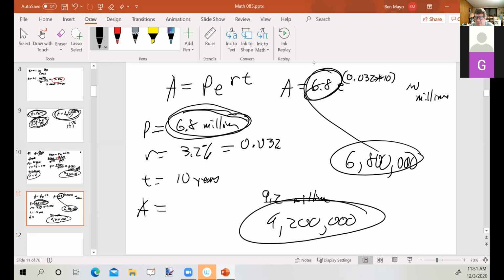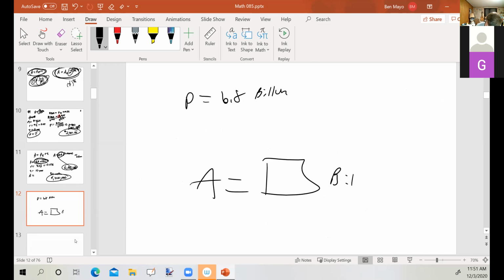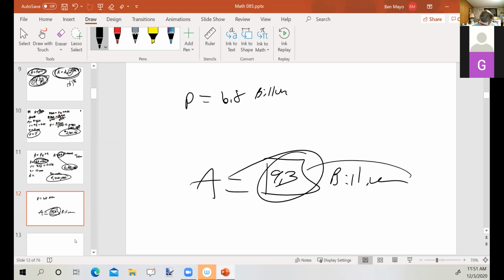Okay, but my guess is that if it said the population was 6.8 billion, then your answer should be something like A equals how many billion, and make sure it has that word after it. Does that make sense? Yes, it does. Thank you. What else? Anything else from the chapter 11 test?